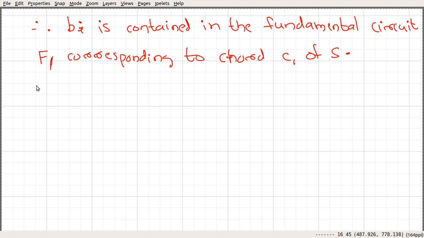Exactly the same kind of argument holds for the other chord edges.